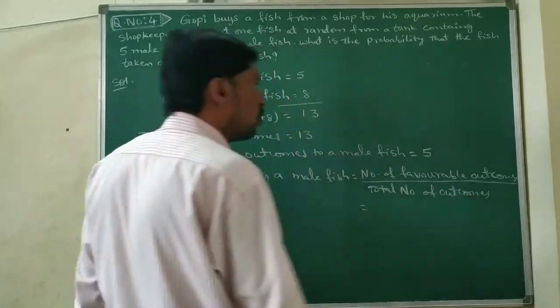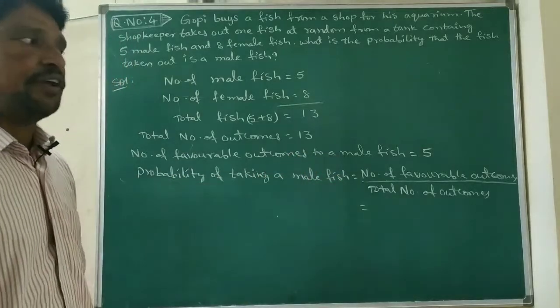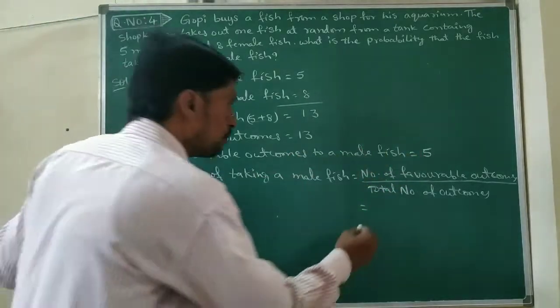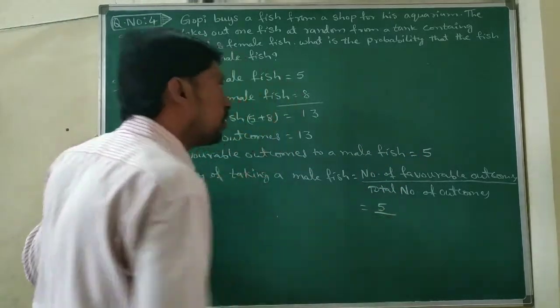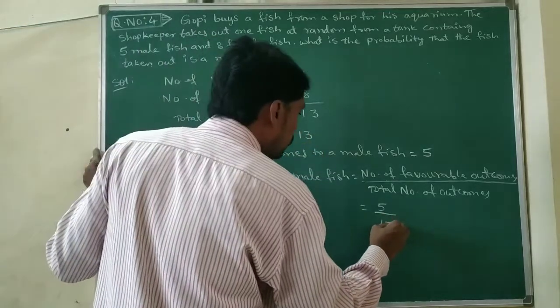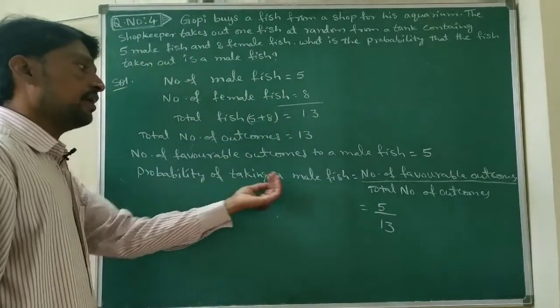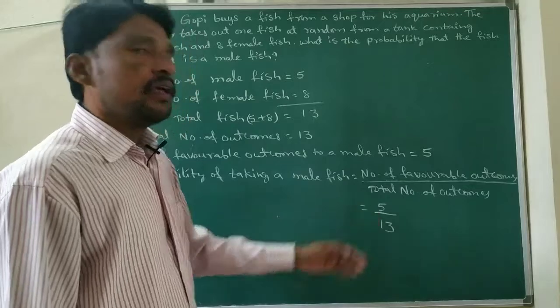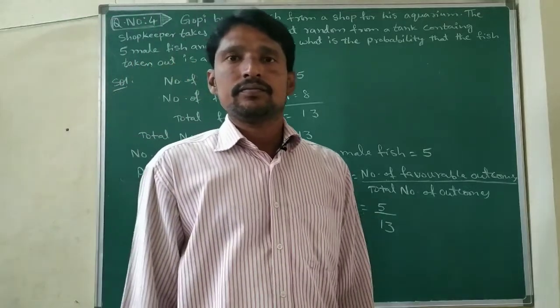So number of favorable outcomes for male fish, how many did we get here? Only 5. By total number of outcomes, total number of fishes, how many? That is 13. So probability of taking a male fish is 5 by 13.